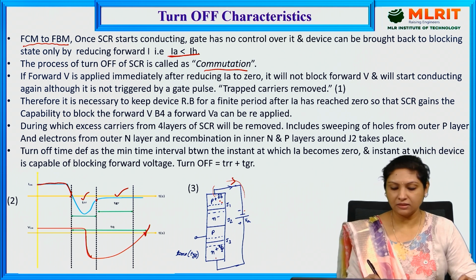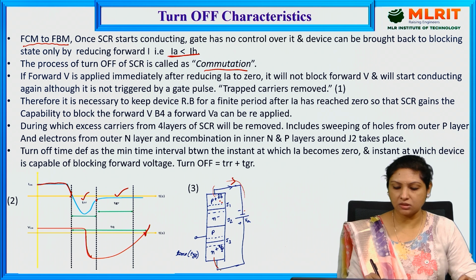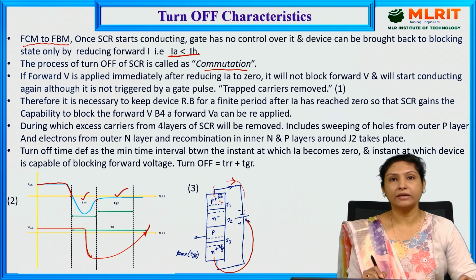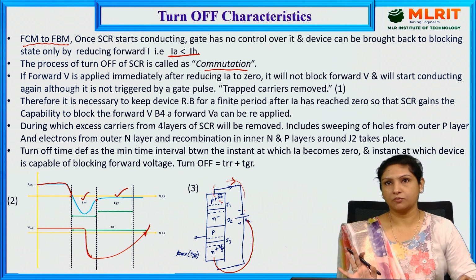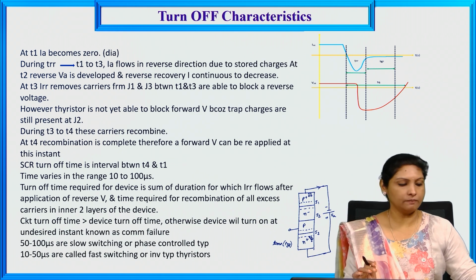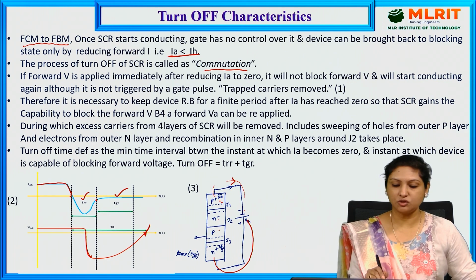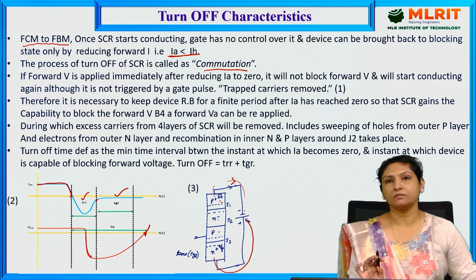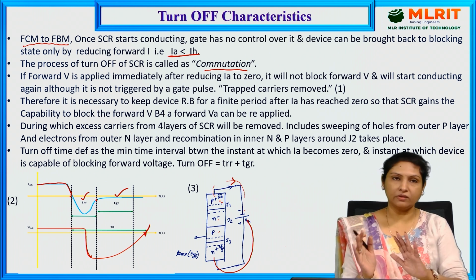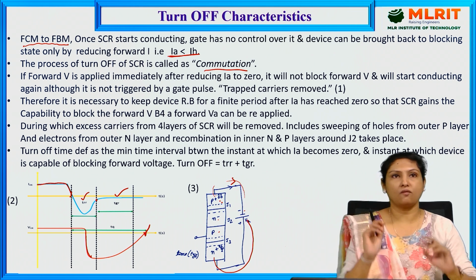And the electrons in the outer N layer will be attracted towards the positive voltage, such that the trapped charge carriers in the outer P layer and outer N layer will be removed. Whereas the inner N layer and inner P layer still contain trapped charge carriers, and these will be recombined later. In that case, it will be in a position to block the forward voltage.